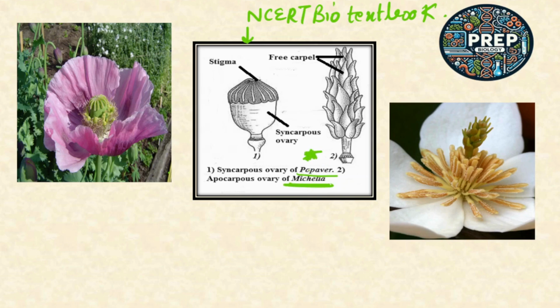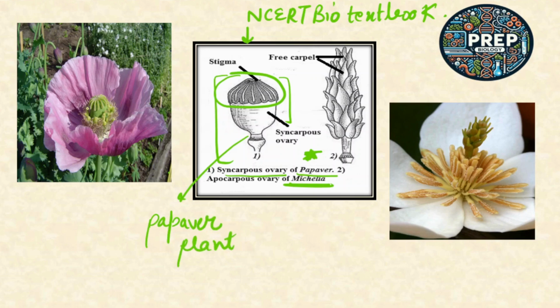So make sure you remember it, that the first structure represents the syncarpous ovary. Syn means fused. You can see here, they have a fused ovary, or the fused carpels are present in the papaver plant.